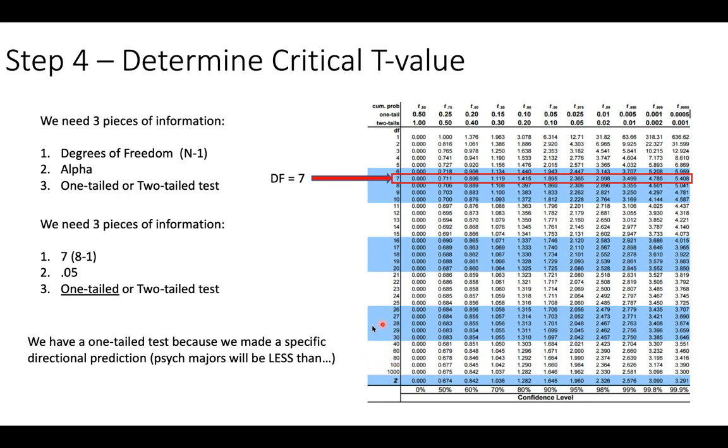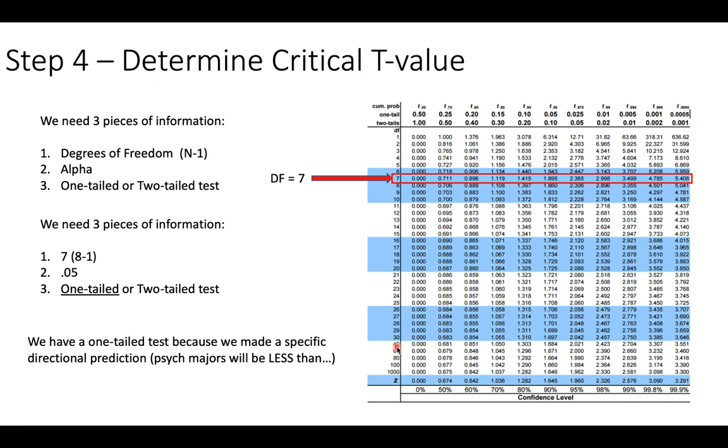If you had a degrees of freedom of 47, it's between 40 and 60. If your degrees of freedom is not exactly on this table, then you move up the table to the next number on the table. So if you had 47 degrees of freedom, you would just use the row of 40. If you had 32 degrees of freedom, you would just use the row of 30. If you had 500 degrees of freedom, you would use the row of 100.